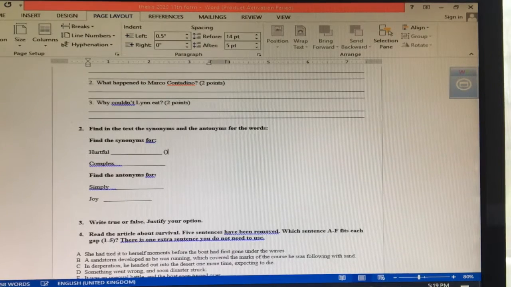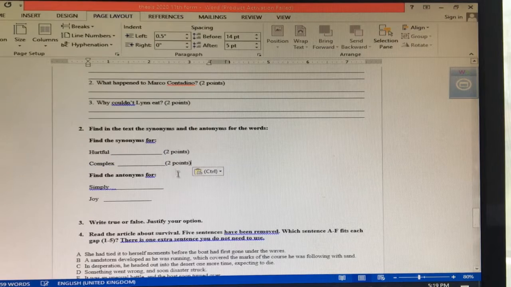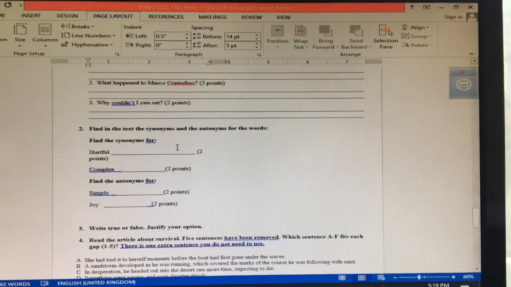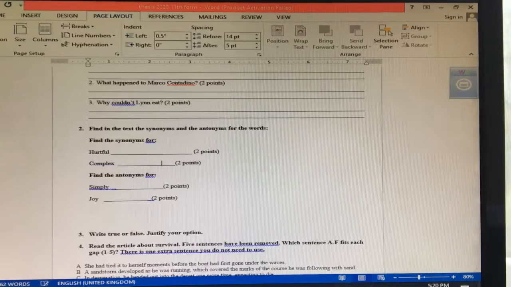I have 2 points each. Maybe you can have more space, in case the students write differently, if columns are not possible to be made.